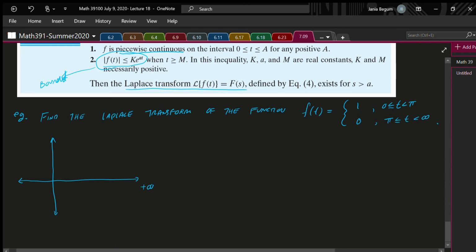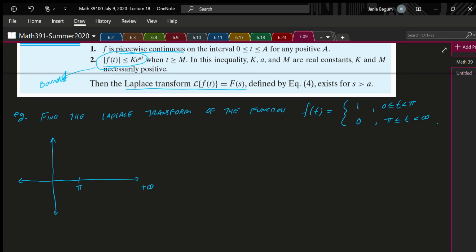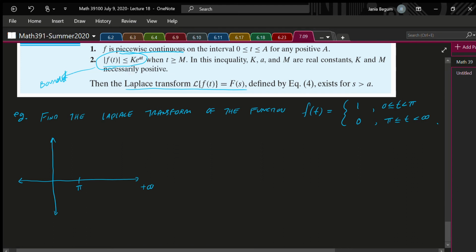So on 0 to pi, we have the graph f of t is equal to 1. At 0 it's going to be at 1, and then at pi it's going to be at 1, but open circle.